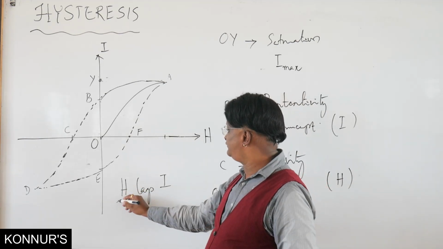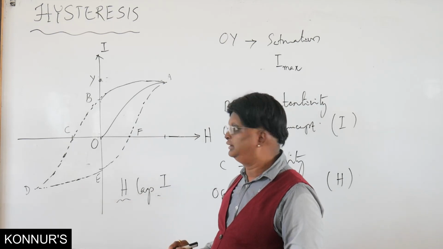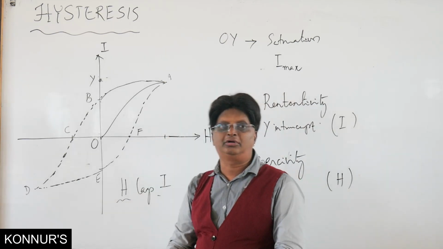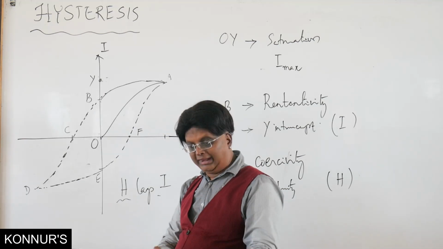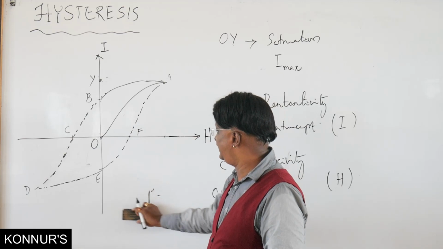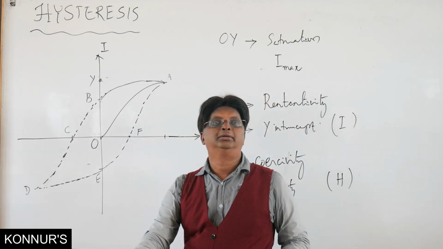This lagging of H with I is referred to as the property of hysteresis. So hysteresis is a phenomenon of lagging; we are talking about H with respect to I.